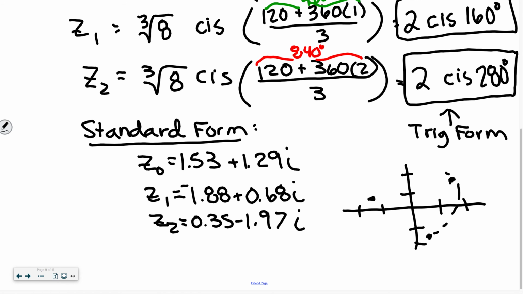These roots actually sit on a circle with radius 2. You can't see it here. And if you draw in their distances back to 0, it splits that circle into 3 equal pieces. So then it just goes cyclical. That's why it says distinct roots. We could keep going, but then they're just the same ones.